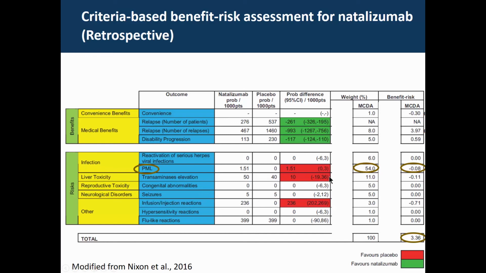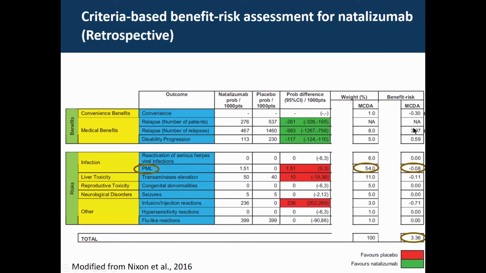And in this example, we see that PML here has clearly the highest weight of all the criteria, which is because it is such a serious adverse effect. But it has a very small effect actually on the overall benefit risk. So this negative number here, minus 0.8, is the overall effect of PML on the benefit risk.